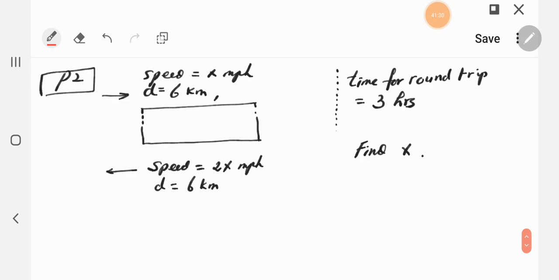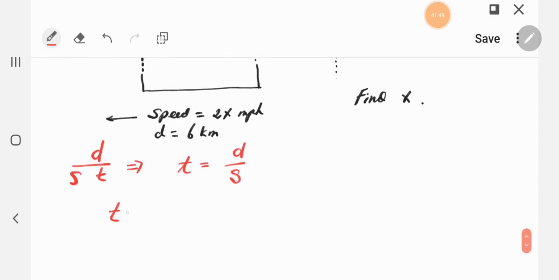So find x. Since we know the time, what's the time function? Remember d = s t? So from this, the equation for time is distance over speed. The total time is the time going from left to right plus the time going from right to left, which is 3 hours.